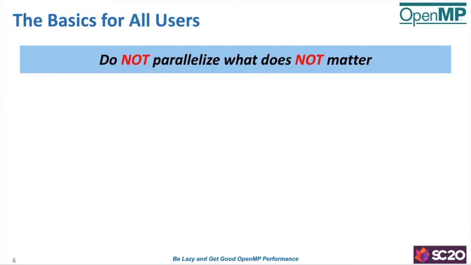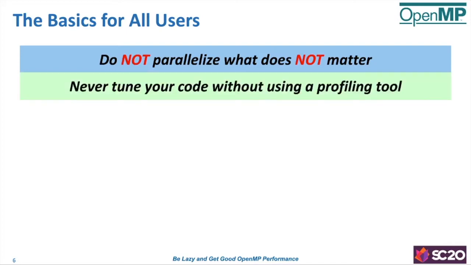I'm now going to give a set of basic rules that applies to pretty much everybody in every application. The first golden rule is do not parallelize what does not matter. That seems so trivial, but too often I see people parallelize parts of their code that really don't matter. What you need to do is use a profiling tool. Pick whatever you like, I don't care, but let the profiling tool guide you to where you spend most of your time.